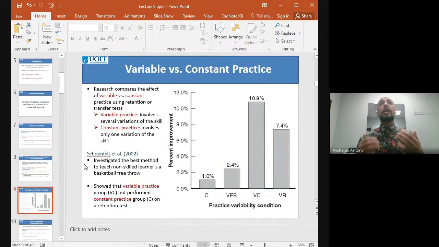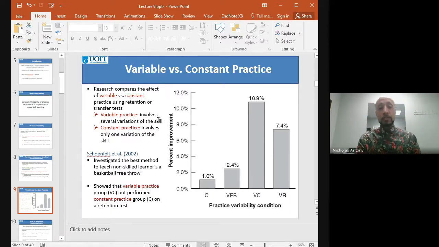So in a way, it introduces their problem-solving ability internally, that ability to take a motor program and add in the parameters to complete that skill under varying conditions.